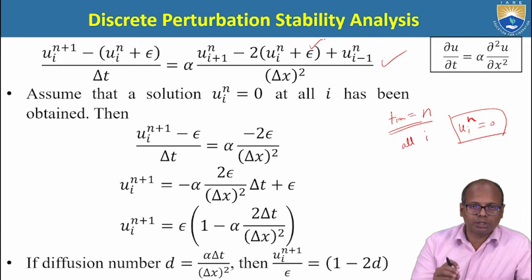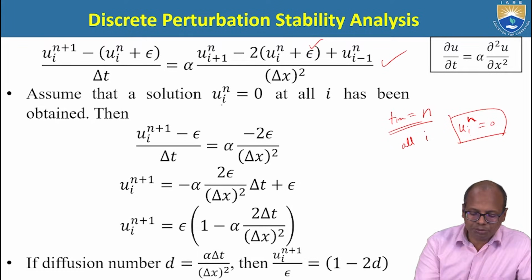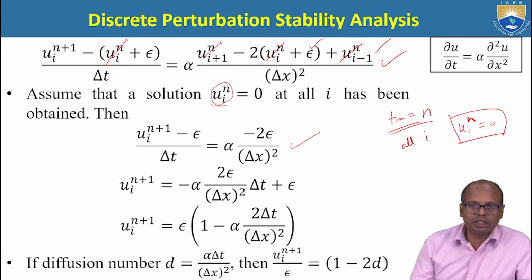That is the first step. The second one is we have assumed that the value of u at all i's at time n is equal to 0. So if I substitute this u i n equal to 0 in this equation, this will be 0, this will be 0, this will be 0, this will be 0. So I will end up with only this equation.